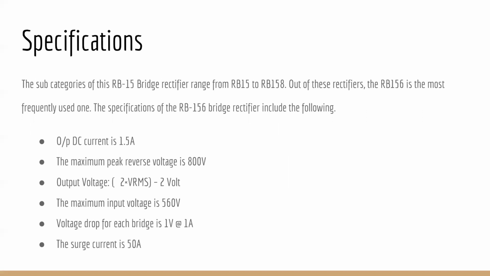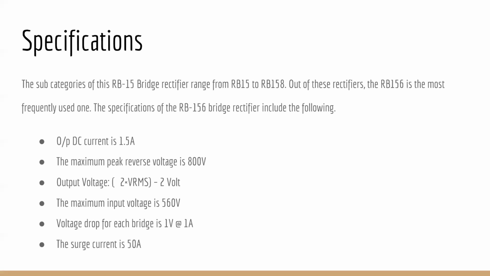Rectification. The specifications of the RB156 bridge rectifier: One, the output DC current is 1.5 ampere. Second, the maximum peak voltage is 800 volt. Third, the output voltage is equal to VRMS minus the diode drops.